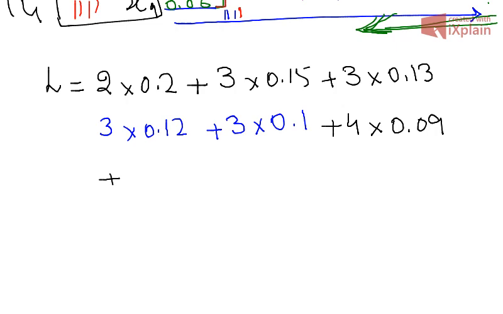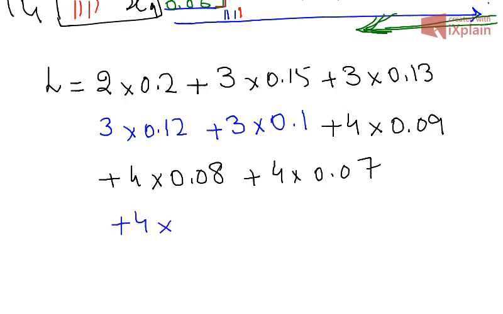Similarly, we can add 4 multiplied by the probability of x7. 4 bits of code word is assigned 0.08, and then we have 4 multiplied by 0.07, plus 4 multiplied by 0.06. So this way you can find the average code word length for the Huffman coding.